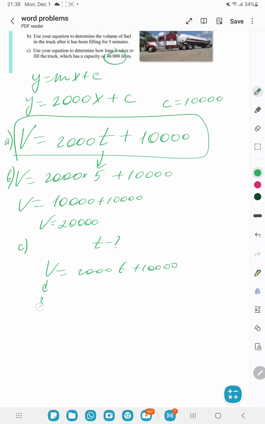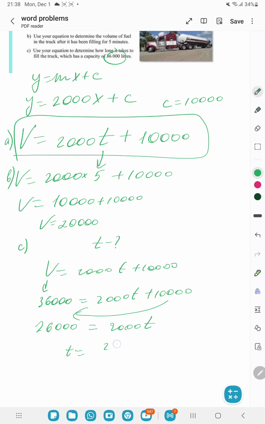Now volume is given as 36,000, so 36,000 equals 2,000t plus 10,000. We subtract 10,000, and it's 2,000t equals 26,000. Now to find t, we divide 26,000 by 2,000. So t equals 13 minutes. This is the answer of C.